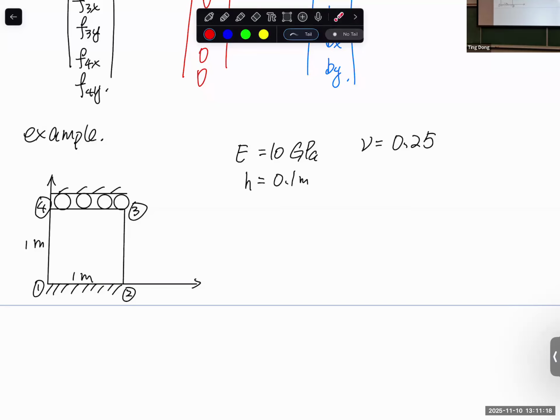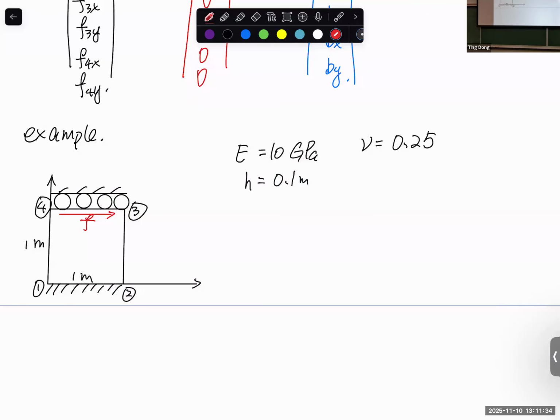Boundary condition is fixed at the bottom and roller support at the top surface. For the force applied, we have the uniform distributed force applied on top edge 3, 4 in the x direction. Let's put it as F here.